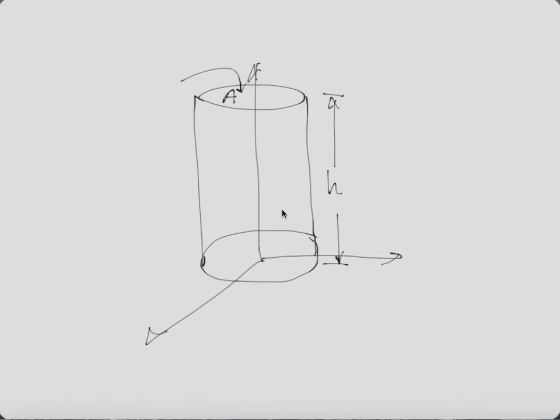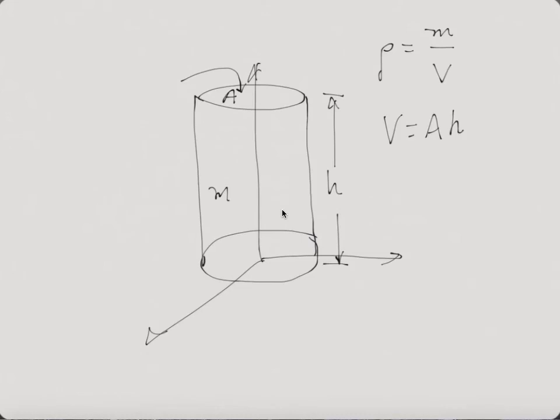And so how do we define the density in this particular case? Well, this object is going to have some mass, of course, and then it'll be over volume. But how do we define the volume of this cylinder? Well, volume is just the product of the area times the height.